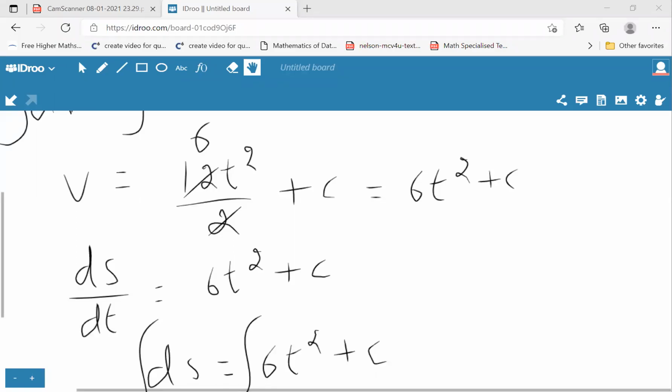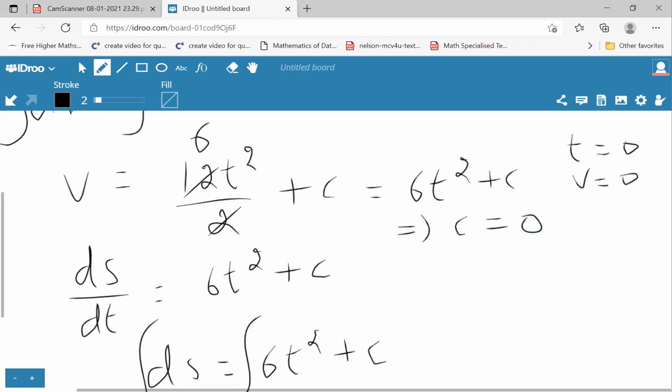Now actually he says, since the particle is starting from rest, v should be 0. When t is equal to 0, v is also equal to 0. So this implies c is equal to 0. So we don't need the c here. All right. So it just becomes 6t squared.